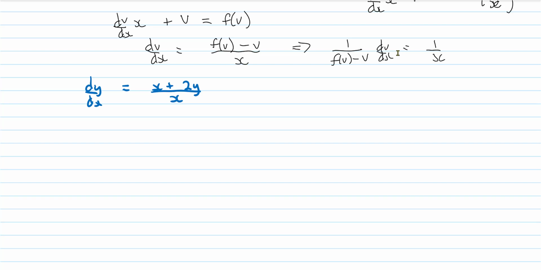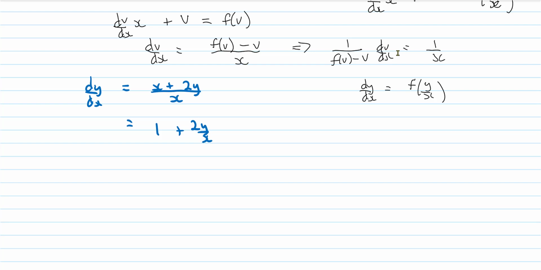So step 1, to show it's a homogeneous differential equation, what do we need to show? We need to show that dy by dx is some function of y over x. So if we simplify this, we've got a common denominator, so x over x is just 1, and then we get plus 2y over x.